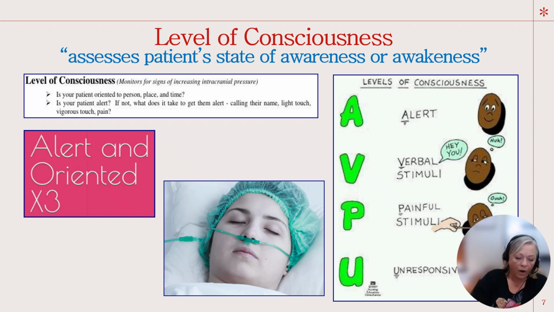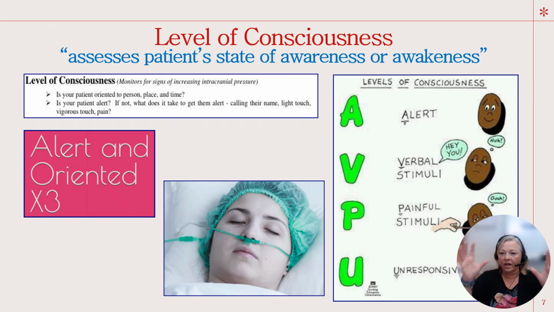So when we do our grips and push, when we do our hand grips, foot pushes and pulls, upper and lower extremity resistance testing, we do our PERLA, we do our orientation status, and then we test our level of consciousness. All of those pieces tested that chart that was on the very beginning.